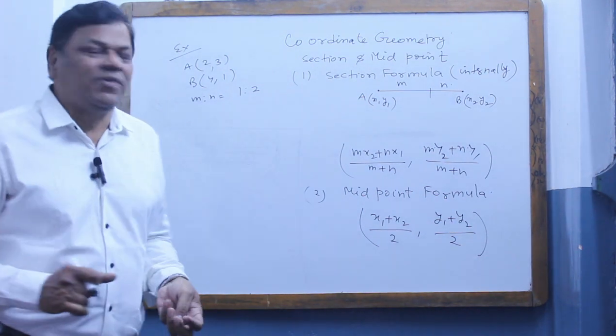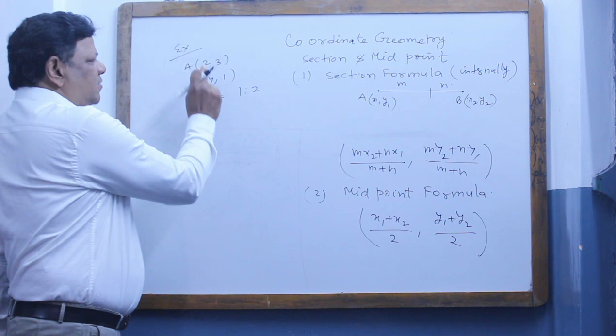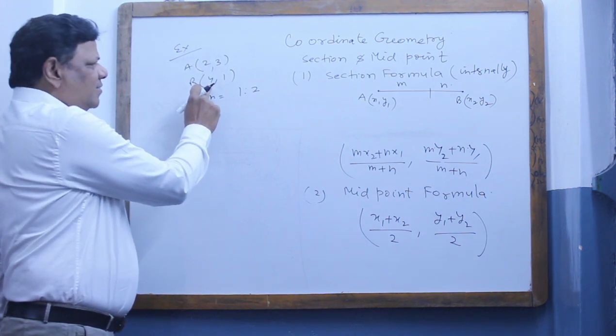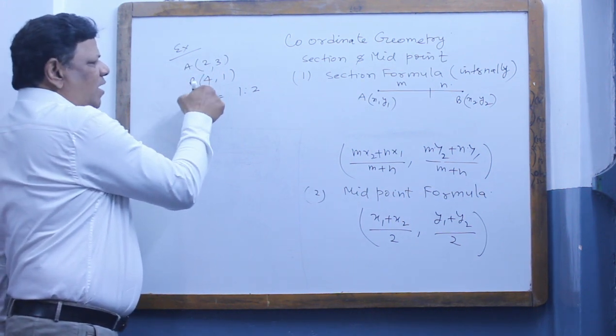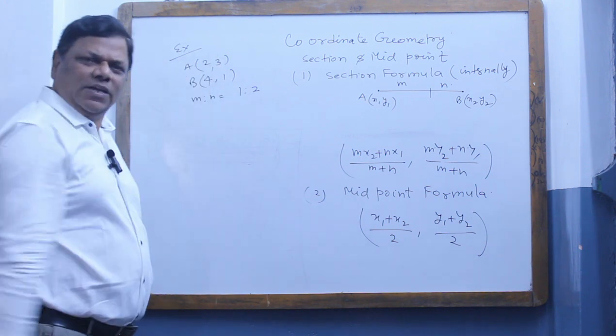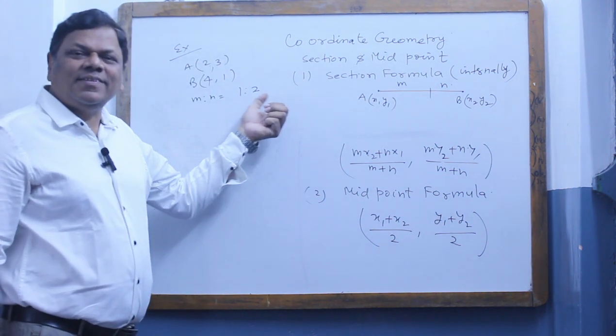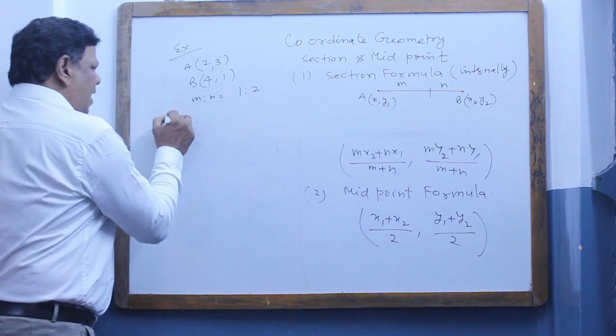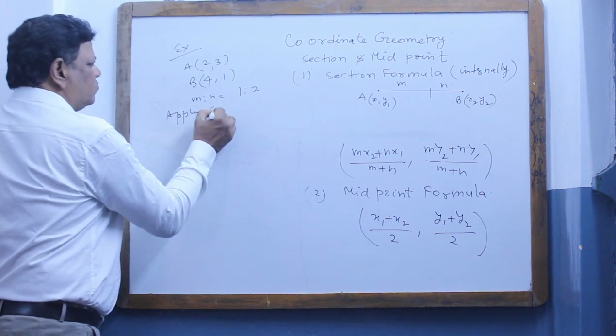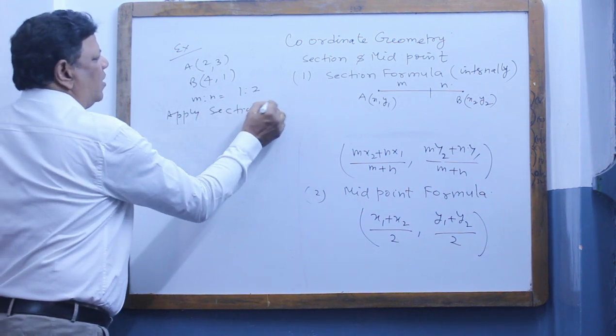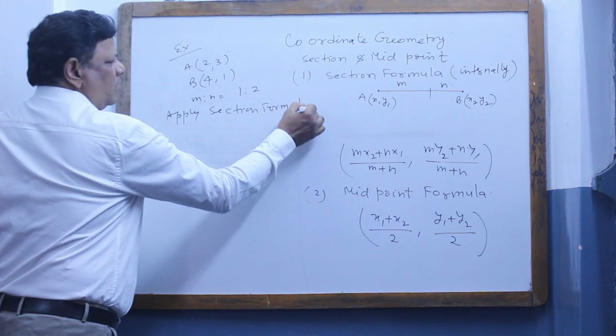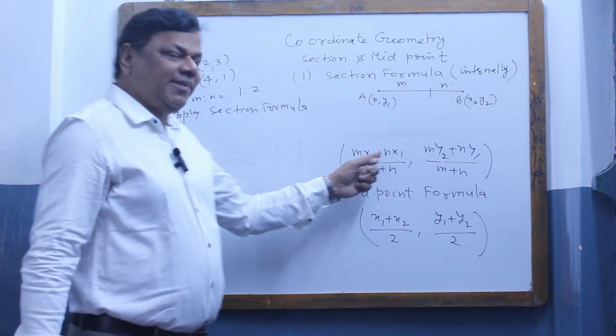Now what is x1, y1? This is x1 and this is y1, x2 and y2. Clear? And this is m and this is n. How to do it? Apply the section formula here. What is the formula? m x2.